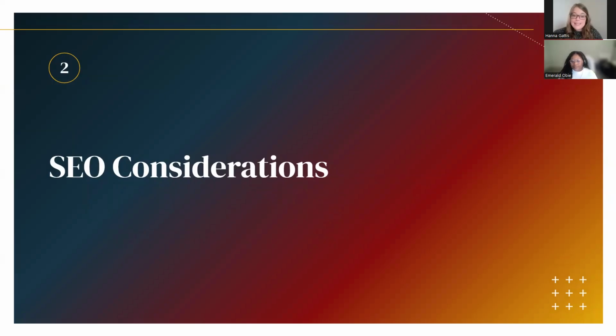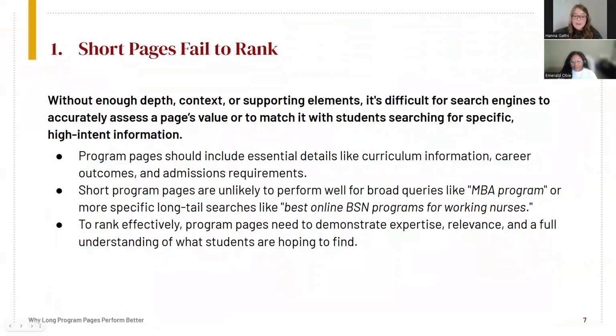So today, let's consider 4 critical SEO factors that can elevate your pages from just basic search listings on Google to action-driving content. So the first consideration here is that short pages fail to rank. When we have thin, generic program pages that don't have enough words on them or simply just don't have enough depth or context, search engines can't accurately assess their value.